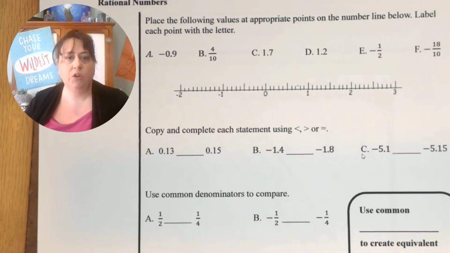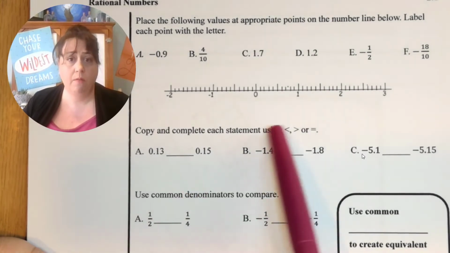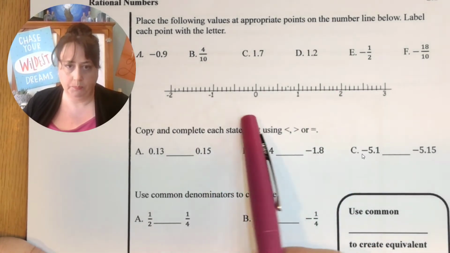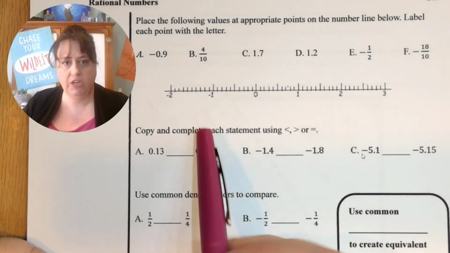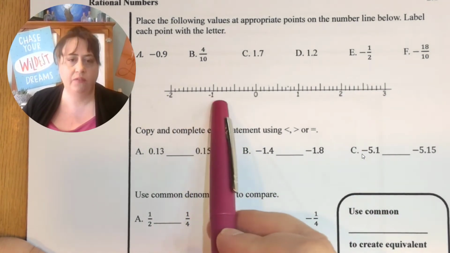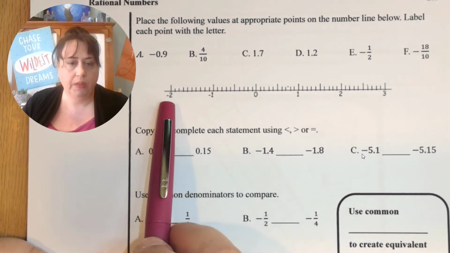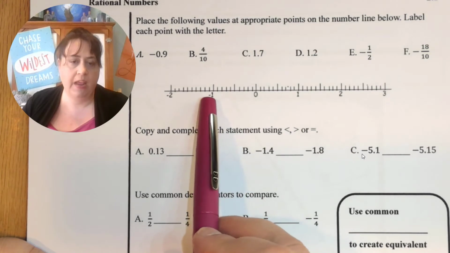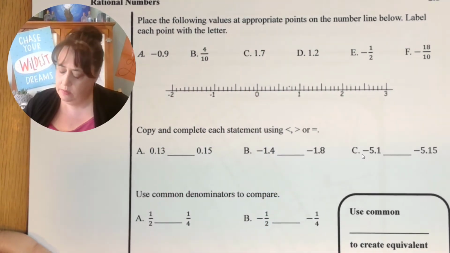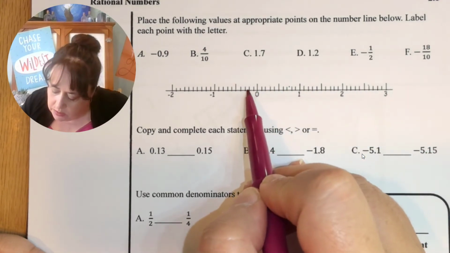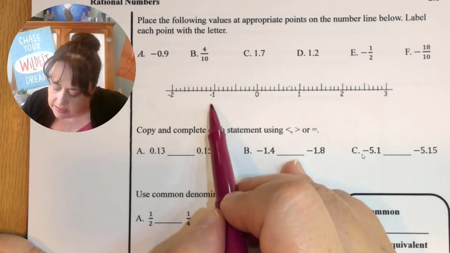So -0.9. So right there, -0.9, we know is less than 0 because it's negative. It can't be over here. The question is, what side of the -1 is it on? Well, if we go this way towards the 2, it'd be -1 point something, so it's over here. And if we count the lines, 1, 2, 3, 4, 5, 6, 7, 8, 9, 10.